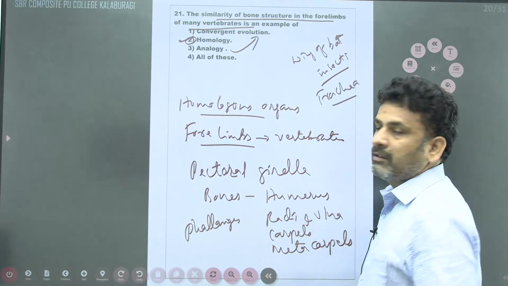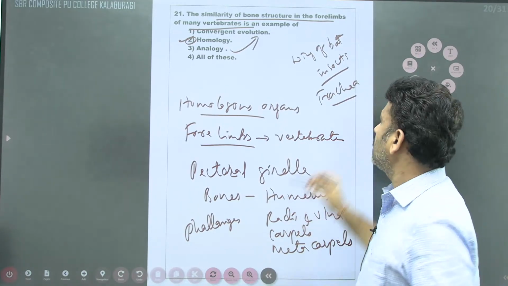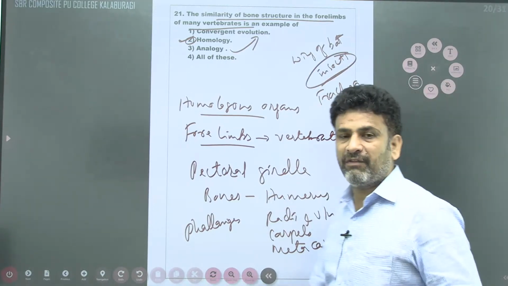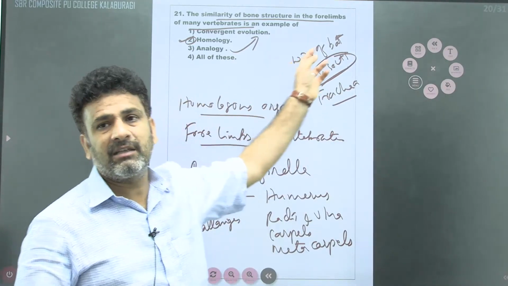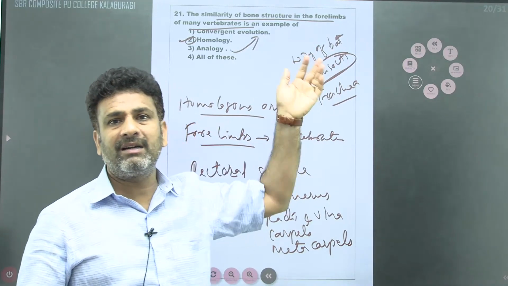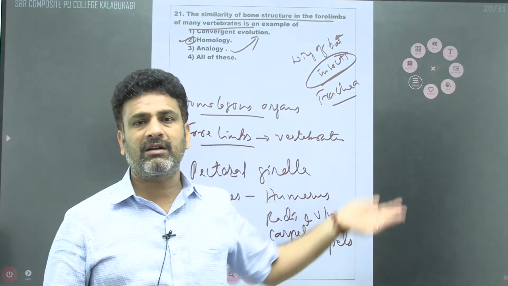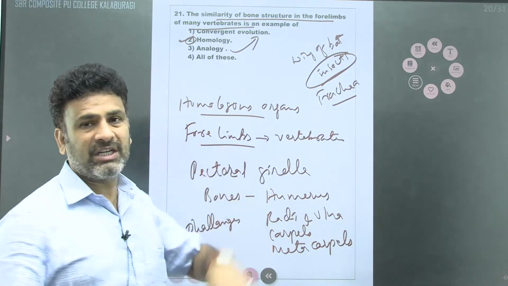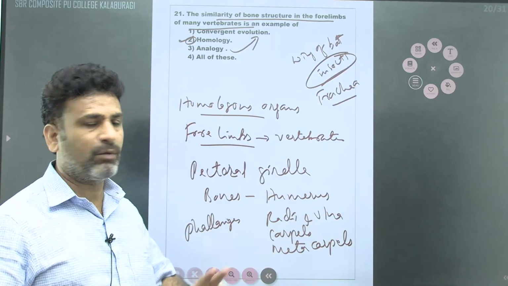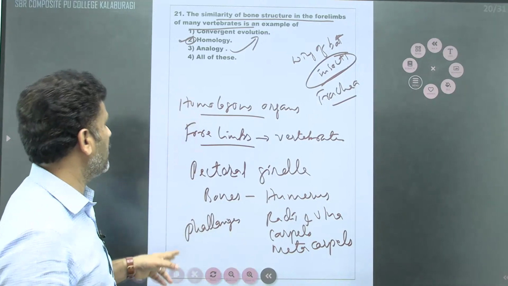So insects fly only for a smaller distance, but bats as well as birds fly for a longer distance, even from one continent to another, because they possess strong muscles. The function is the same, the structure is different, the origin is different. That's why they are called analogy.